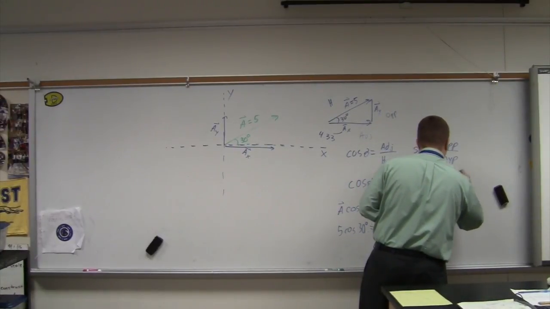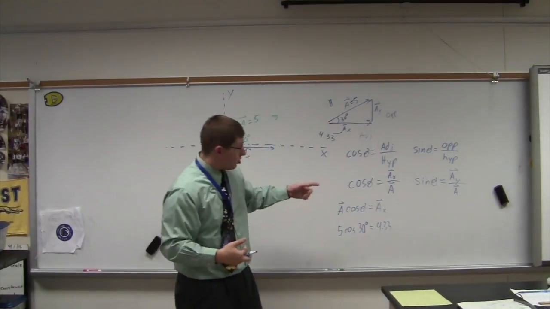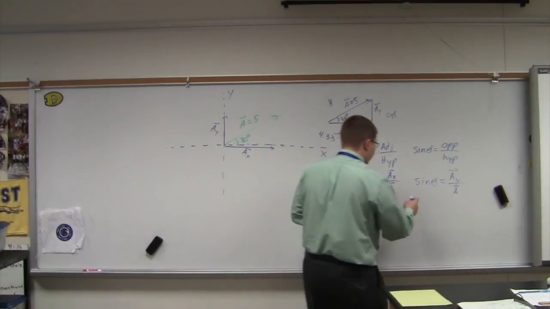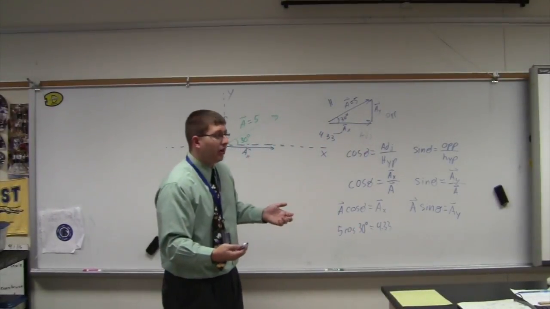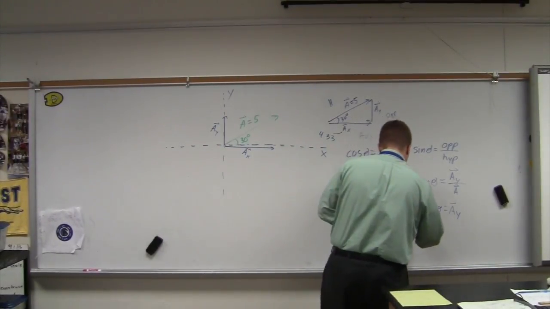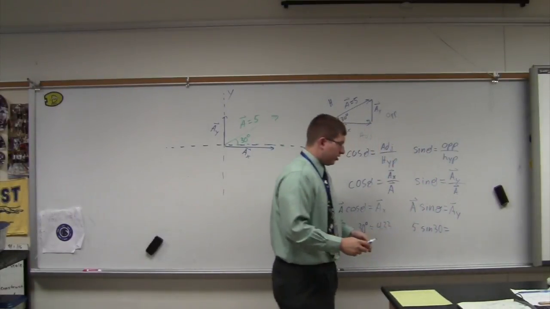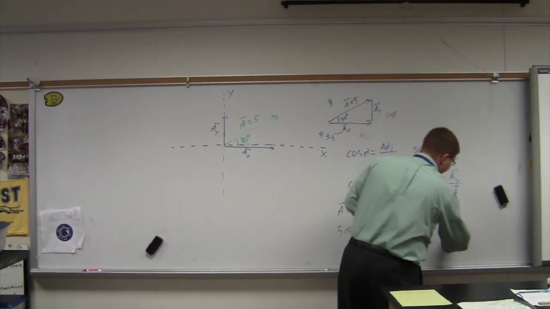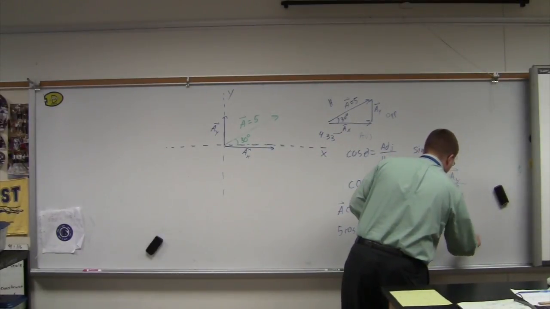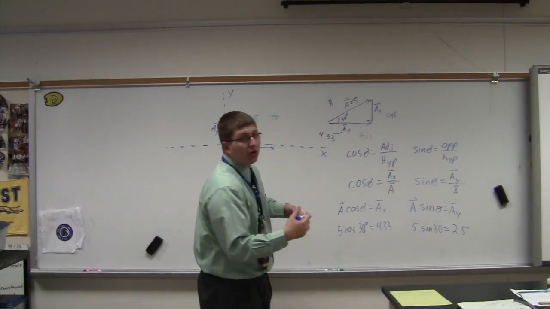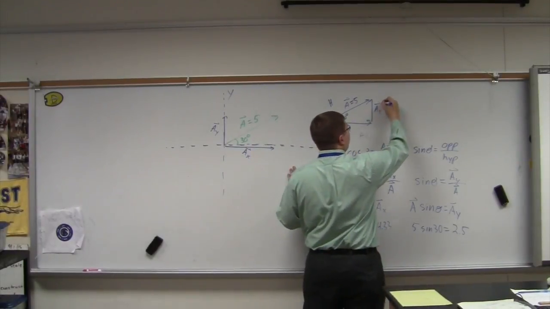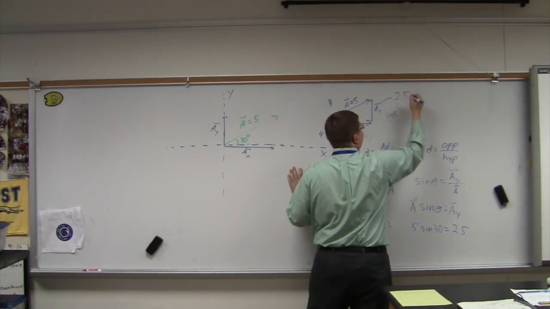So that's going to be AY over A. And then just like before, I'm going to rearrange it without plugging in any numbers. And then the last step is to plug in numbers and use your calculator in degrees mode. If you plug that into your calculator, you should get 2.5. And so now we know AY is 2.5.